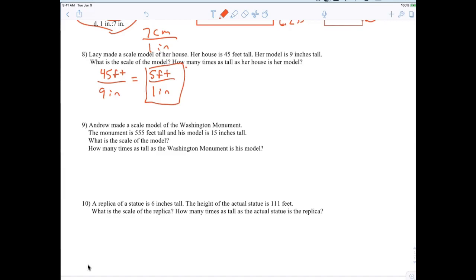The trick here is that you have to have the same units when you want to figure out how many times greater something is. So 5 feet is 60 inches. So 60 inches to 1 inch, and then we can cross out the inches. So it's 60 times greater. The actual house is 60 times greater. Everybody good on that?